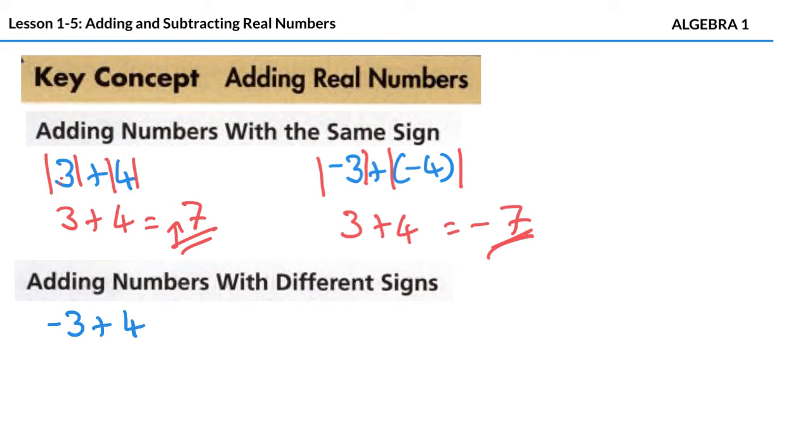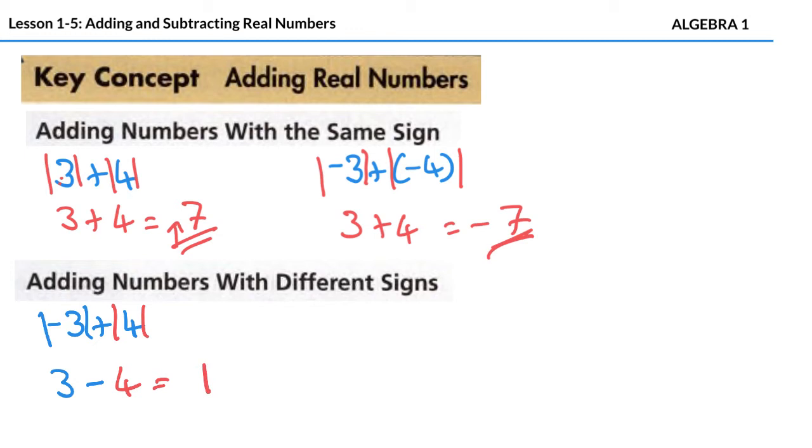So what is the absolute value of negative 3? It's 3. And what is the absolute value of 4? It's 4, right? Now subtract them. 4 minus 3 is 1.